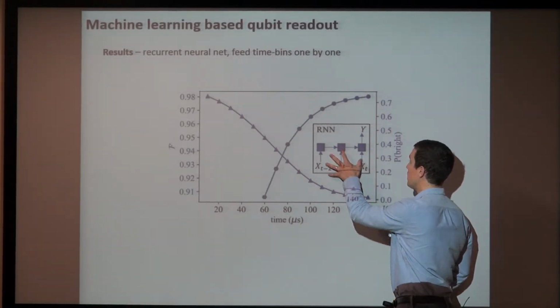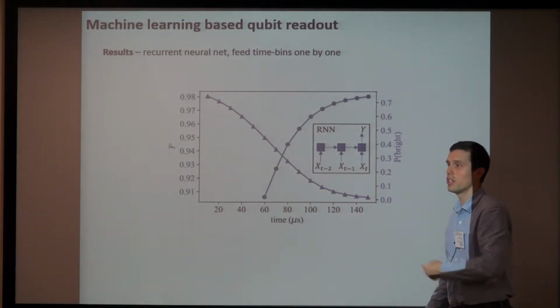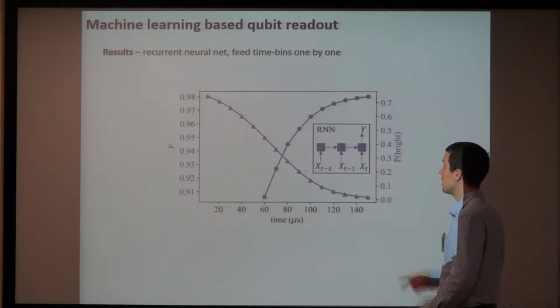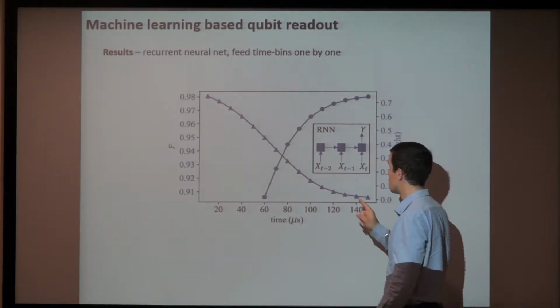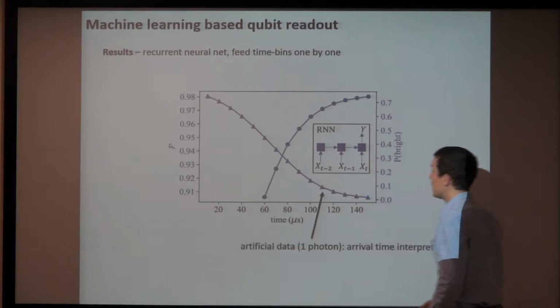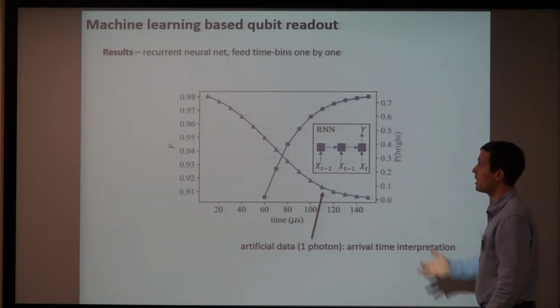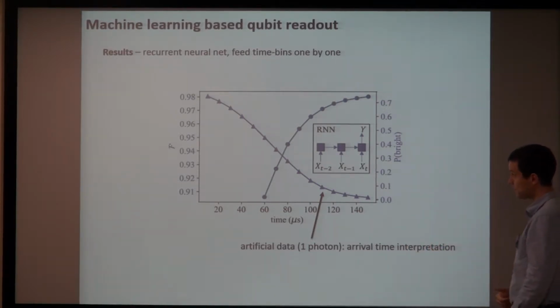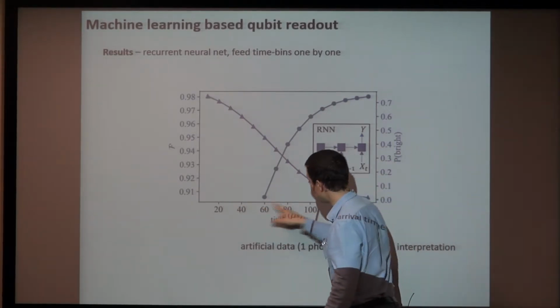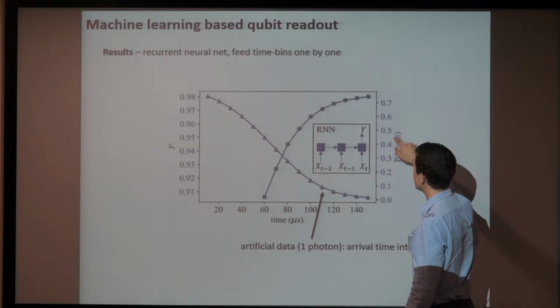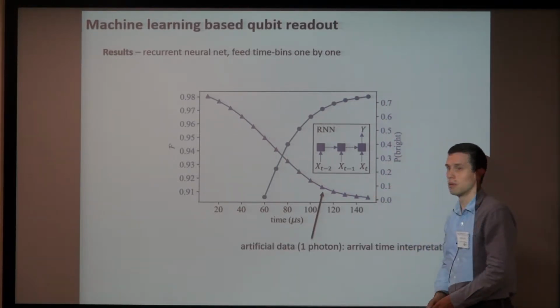Additionally, once we have trained this, we can feed it some artificial data and map out what its internal mechanism is. So we took a single photon count and shifted its arrival time and let it tell us what it thinks the probability is that this comes from a bright ion or from an ion in state 1. And you can see the later the photon arrives, the less likely, this is the right axis, the less likely it is that this comes from a bright ion.